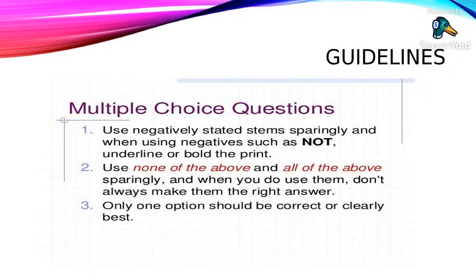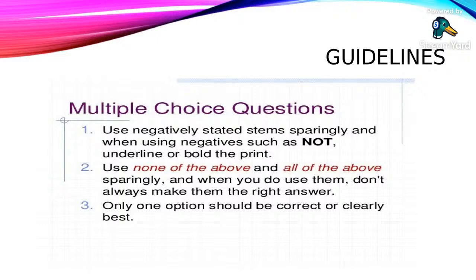Then we have the third: only one option should be correct or clearly best. That's why you have to undergo a lot of revisions, and you also have to review the questions in a test before finally deciding to print the tests, or before you put the test online. You have to proofread them.